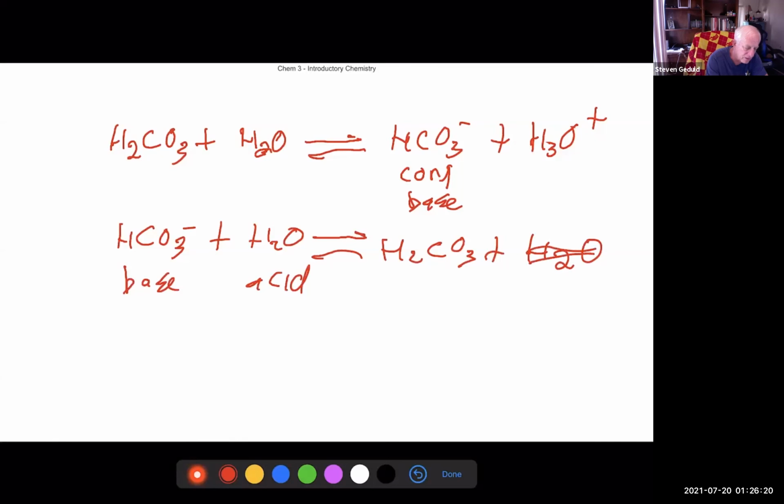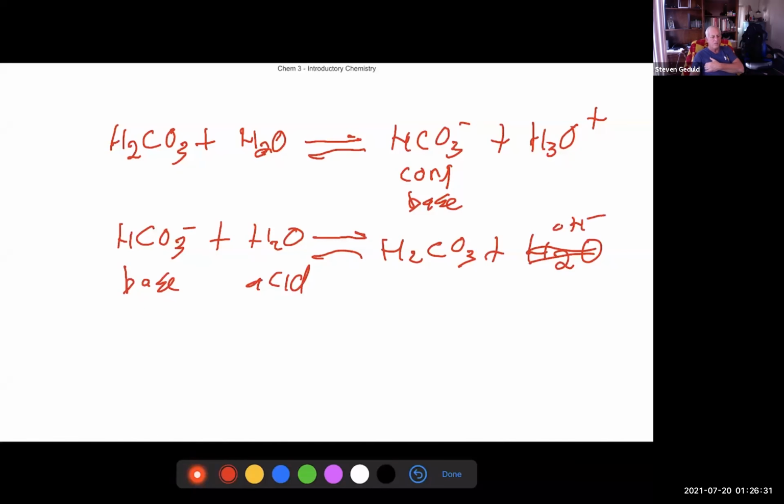So this shows it's your conjugate base, just like it was, and it's accepting a proton from water, your acid.